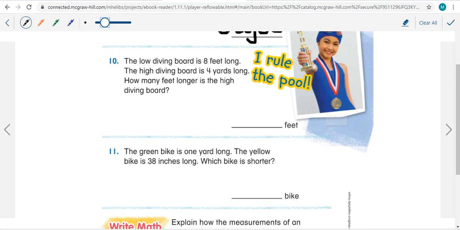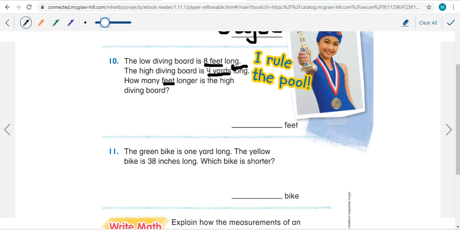Number 10. The low diving board is 8 feet long. A low diving board is the place where the swimmers jump into the pool. The high diving board is 4 yards long. This is what we know. How many feet longer is the high diving board? So that means we need to change this number into feet. We know that 1 yard has 3 feet.